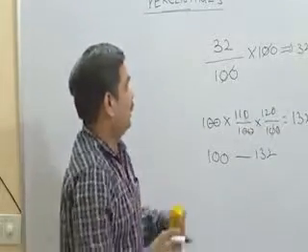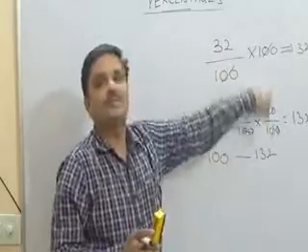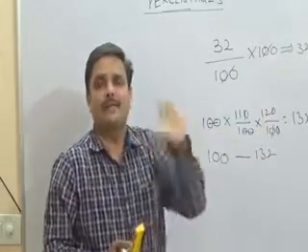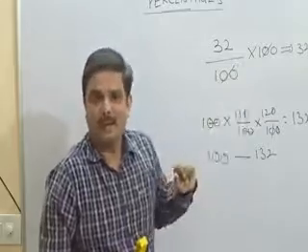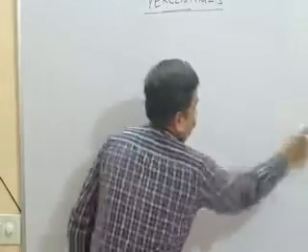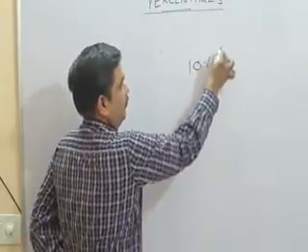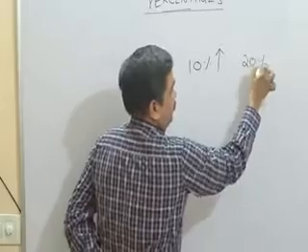But in competitive exams, you need not do this much work. Straight away, you can tell the answer. So that one we will go in this way. First they have given a 10% increase, then a 20% increase.